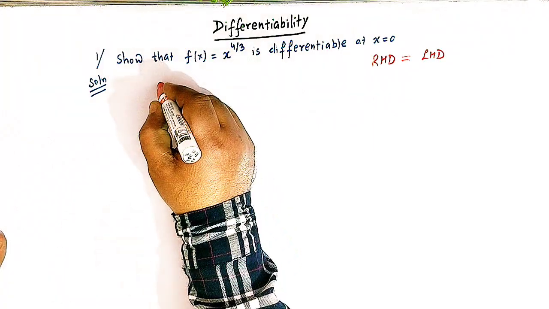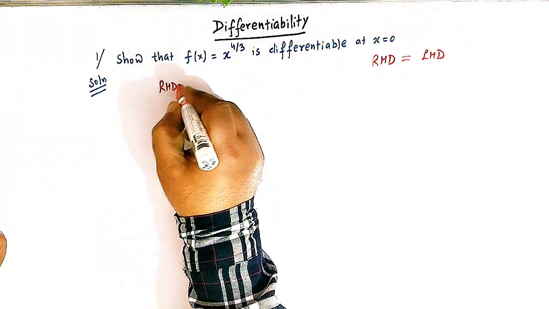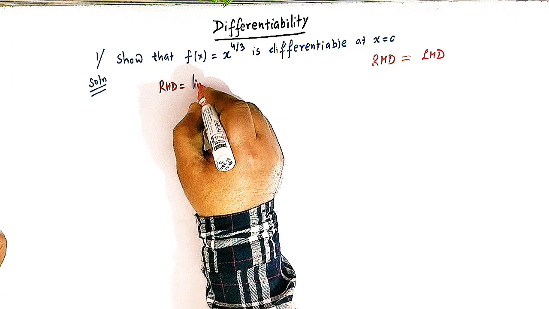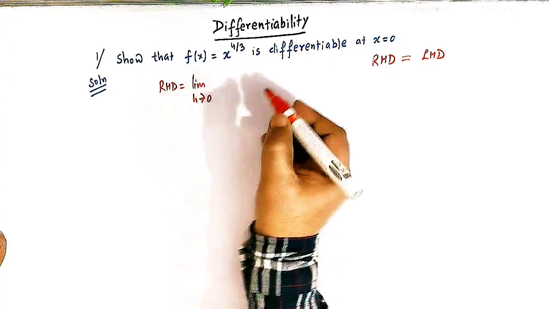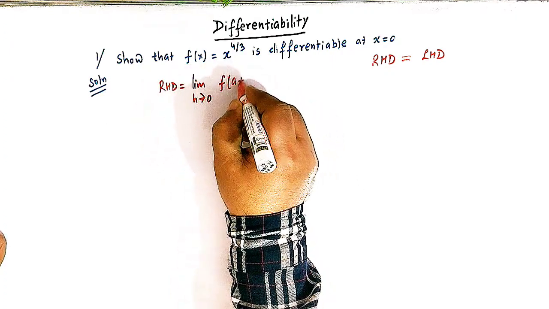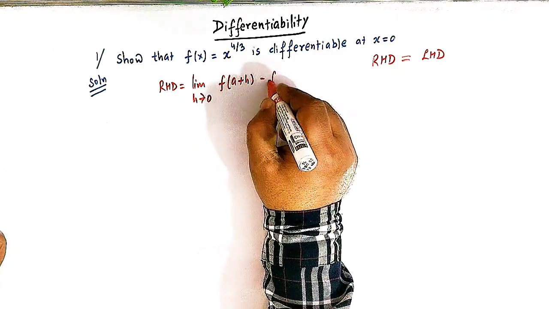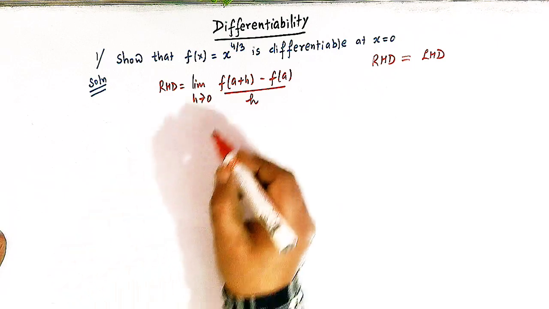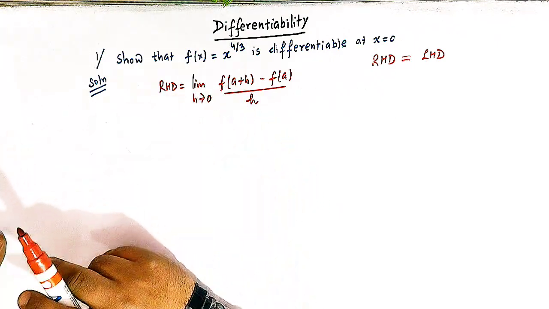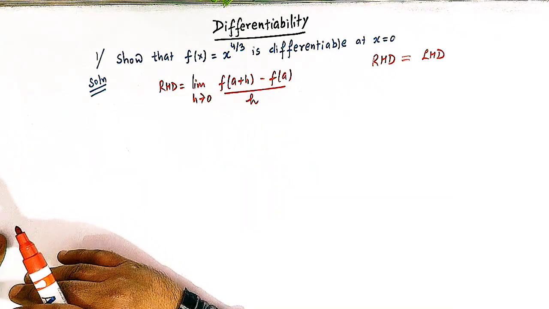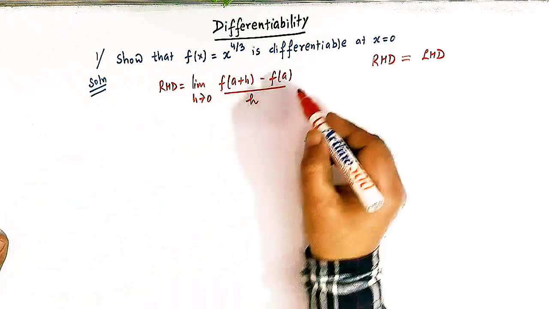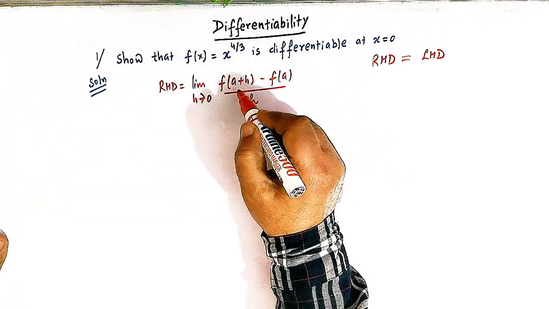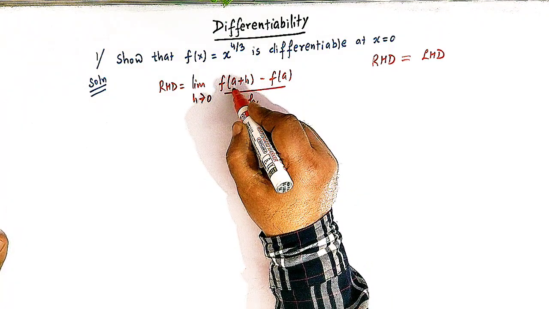The right hand derivative is defined by this limit: the limit h tends to 0 of f of a plus h minus f of a divided by h, where h is infinitesimally small, and the point a is the point where we have to find the right hand derivative.